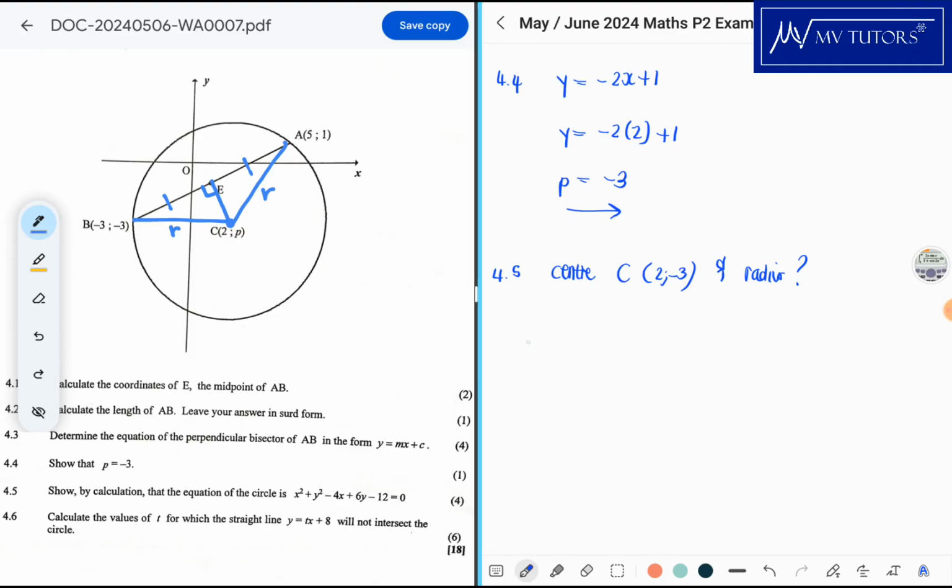Let's just take AC. Okay, so the distance of AC: the x-coordinate of C is 2, minus that of A, which is 5. The y-coordinate of C is -3, minus 1. Okay, all under a square root.